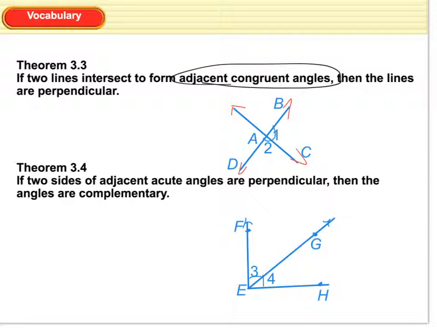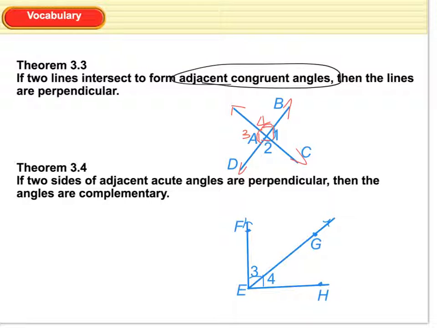and then they form four angles here. 1, 2, 3, 4. I did not label 3 and 4. Let me do a better job with that. That's angle 3, and that's angle 4.